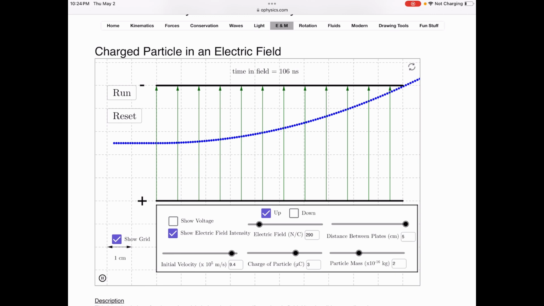Notice it's always traveling up, and if you keep your eye on the time up there, it's always taking the same time to eventually hit that top plate, which makes sense because it always starts from the same initial vertical velocity, has the same vertical acceleration, and has to travel the same vertical distance, right? It's just a matter of whether, while it traveled that vertical distance, it went fast enough sideways that it traveled a large enough horizontal distance to clear the plate.